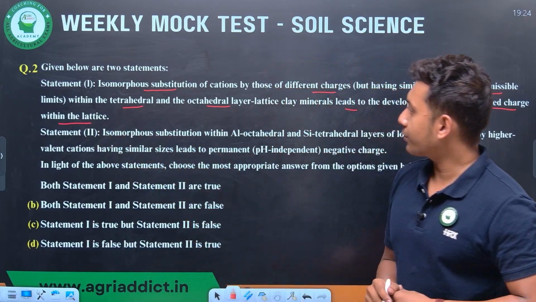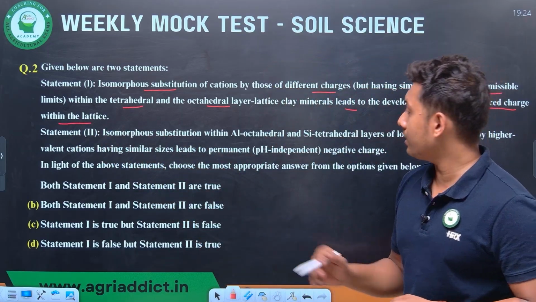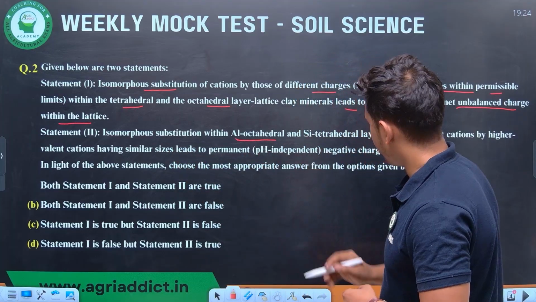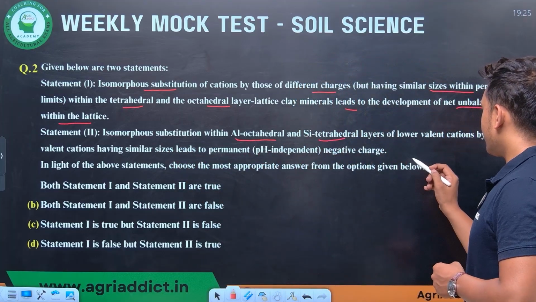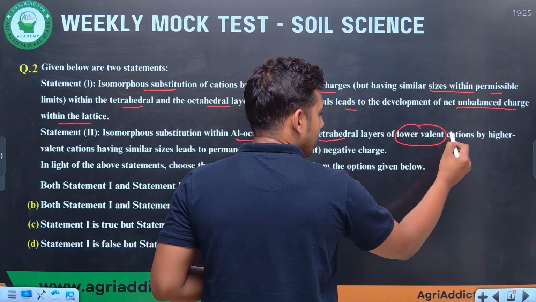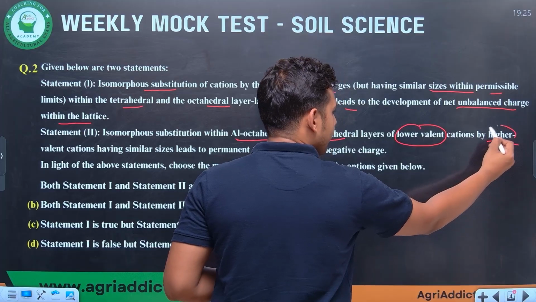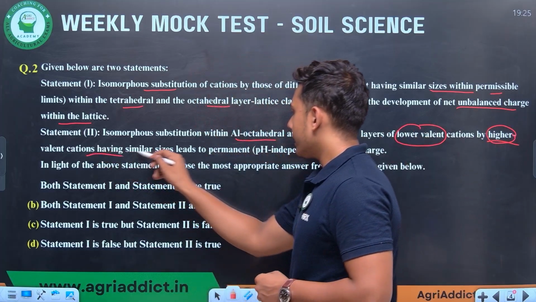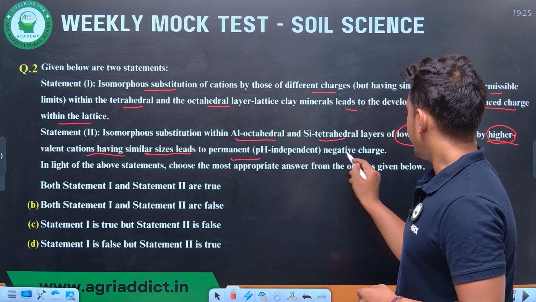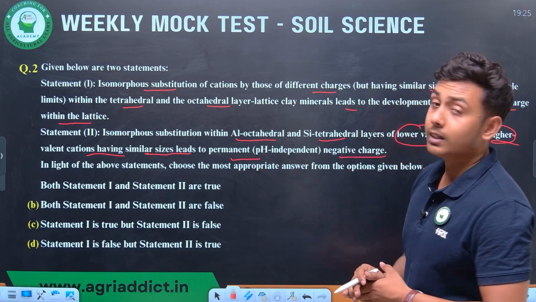The second: isomorphous substitution within the aluminium octahedra and silica tetrahedra layers, where lower valent cations are substituted by higher valent cations of similar size, leads to permanent negative charge.